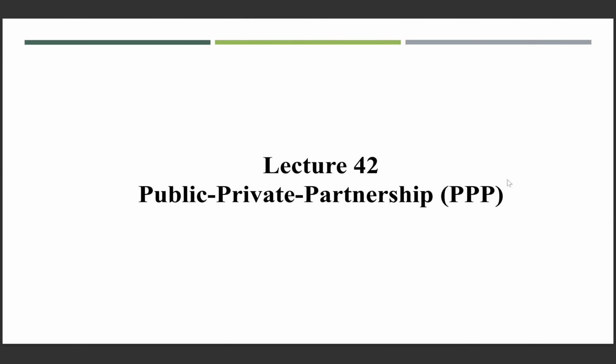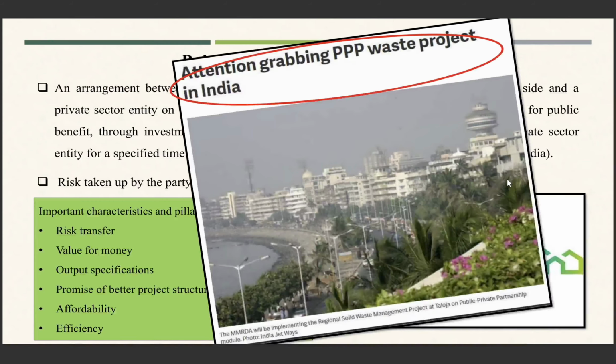This is about public-private partnership. In a public-private partnership, there is an agreement or arrangement between the public, that is the government side, and the private sector for the management of some assets.